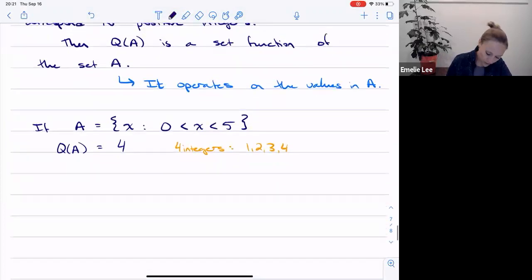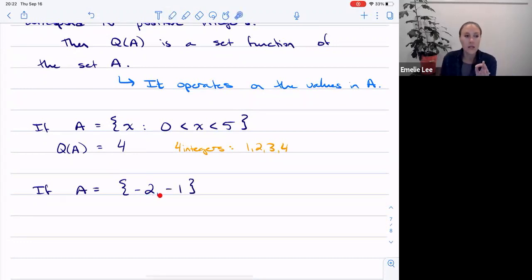What if A is the set -2 and -1? I know that these are just the values, right? And so the -2 and the -1 are the elements, right? This is no longer an interval because an interval has to have round or square brackets, whereas these are curly brackets to indicate a set.